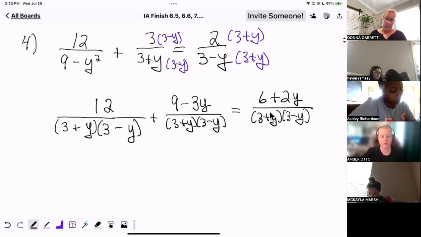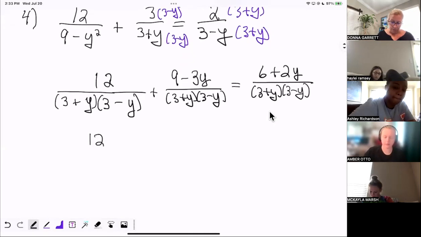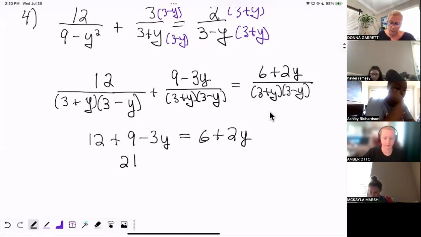Okay, so technically I multiply everything by the denominator and they're all going to cancel out. So all I need is my numerator. And then I can solve. All right, so combine like terms first. 21 minus 3y equals 6 plus 2y.